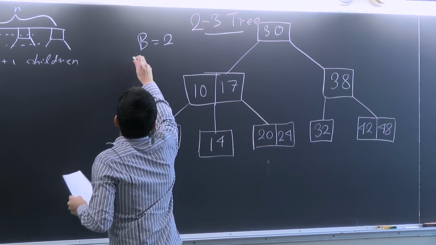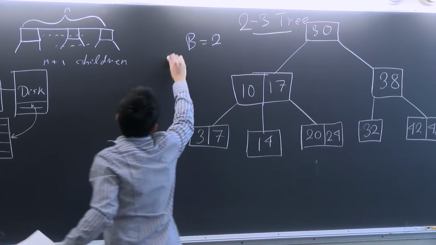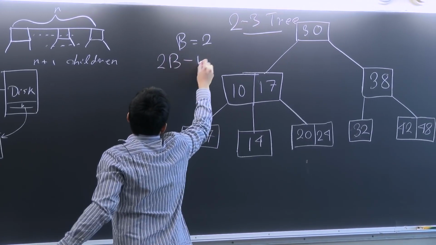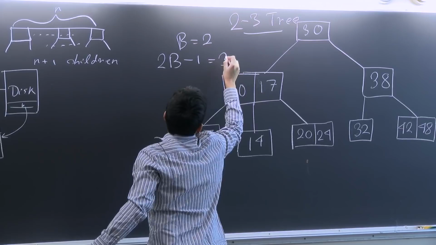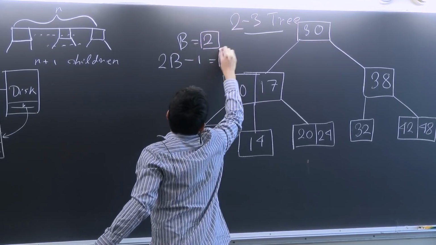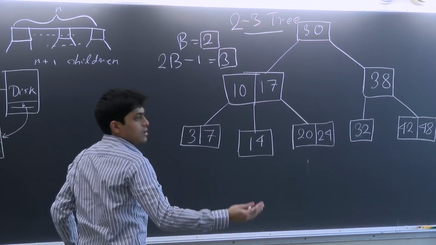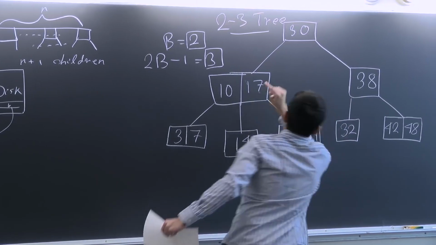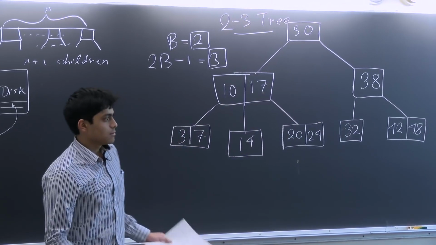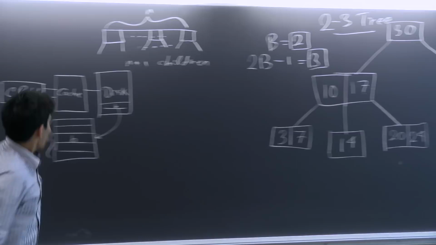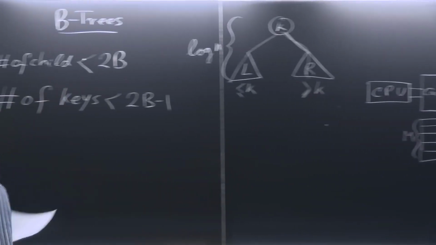Here the upper bound on children is 2b minus 1, which is equal to 3. So you can have either 2 or 3 children, and correspondingly, you can have either 1 or 2 keys in the node. Make sense? Cool.